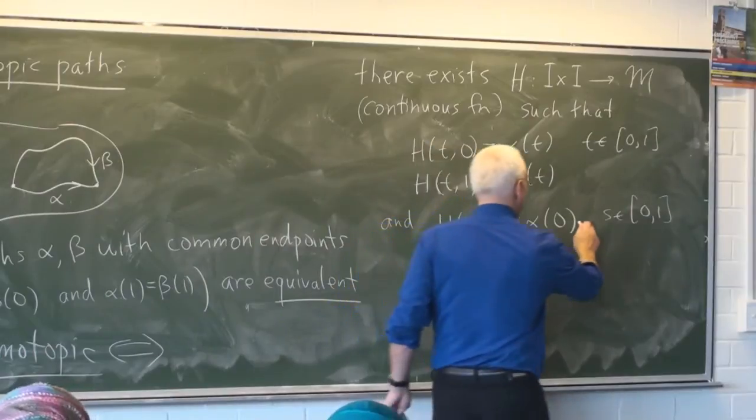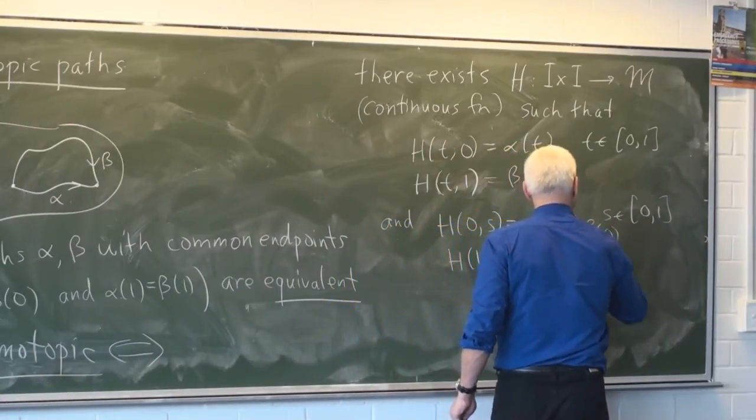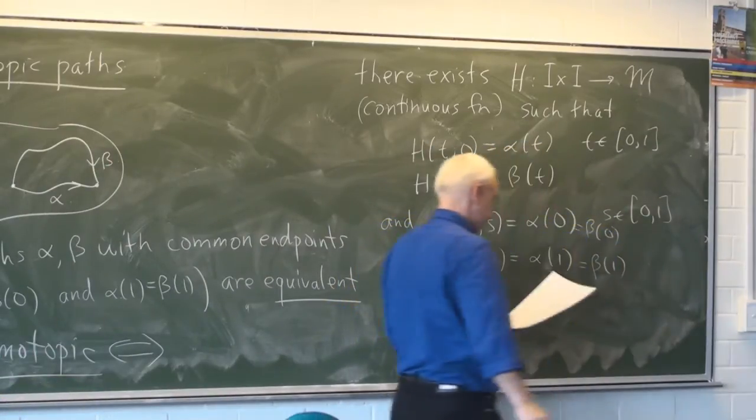And alpha of 0 is the same as beta of 0, so we can also put beta of 0 there, and beta of 1 there.